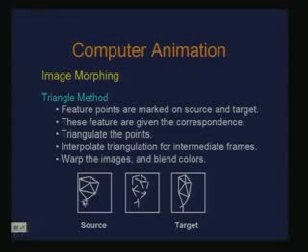Is it clear? So one thing is that this triangulation which we are applying here has got to be the same here topologically, which is that if I join this point to make the triangle, I should have a triangle joining these 3 points here.